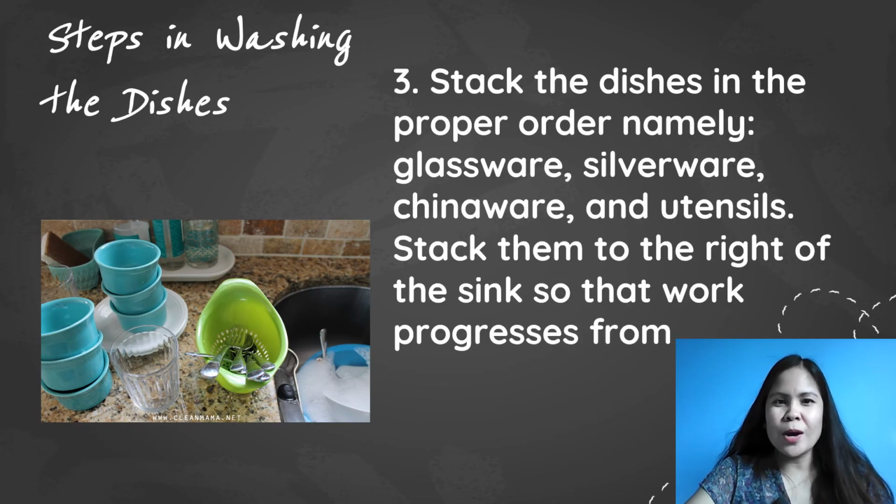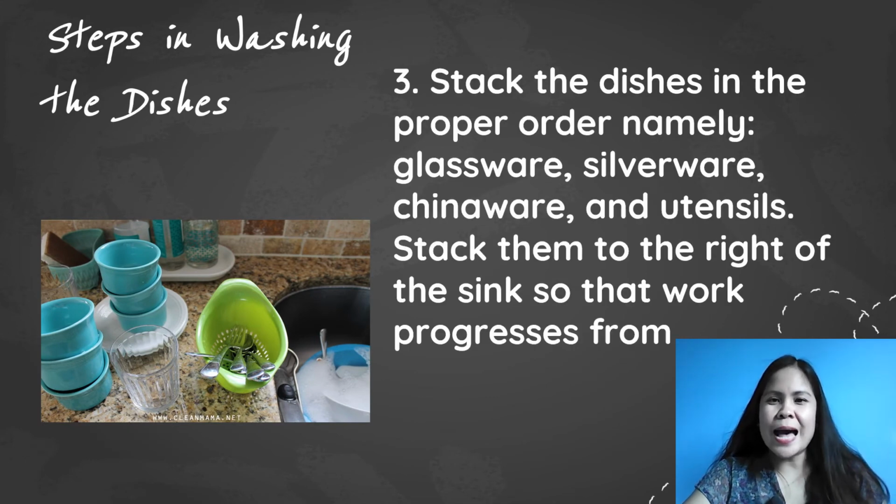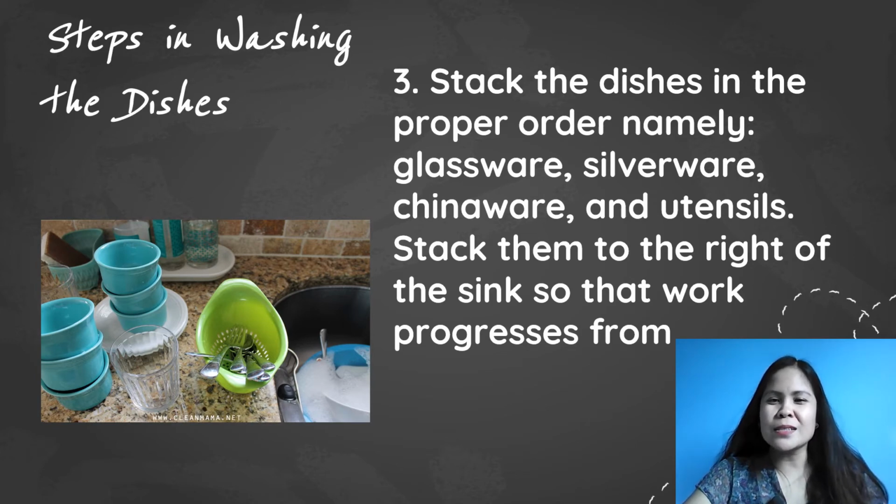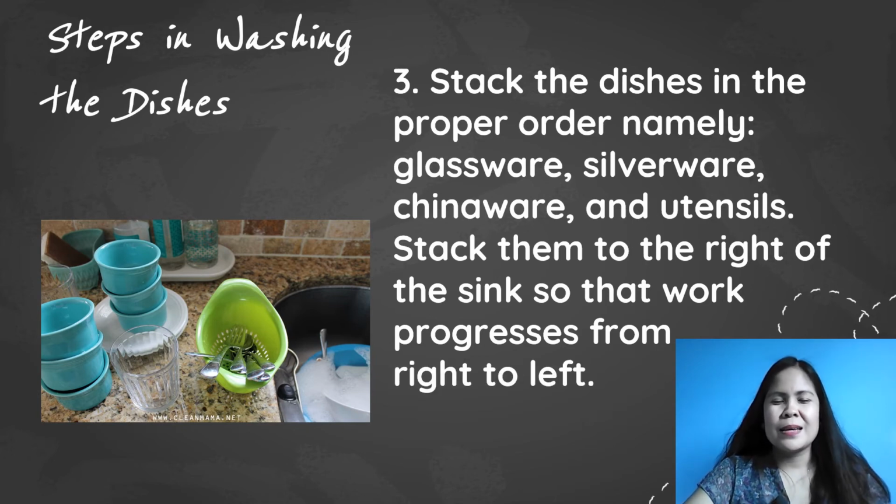Third step in washing the dishes. Stack the dishes in the proper order, namely glassware, silverware, chinaware, and utensils. Stack them to the right of the sink so that work progresses from right to left. The items that are lightly soiled usually include glasses, cups, and flatware.